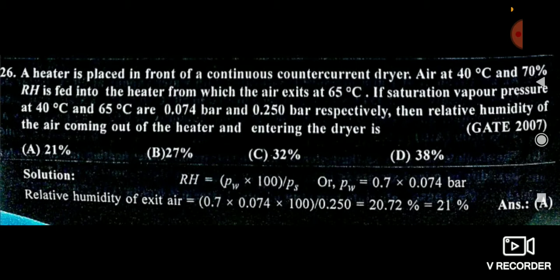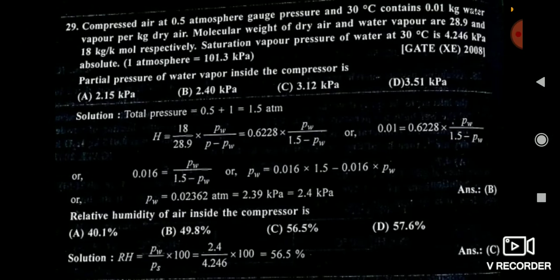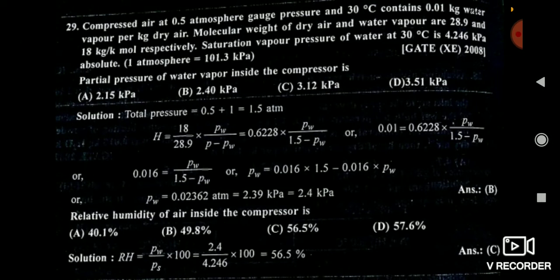Friends, the outlet temperature is 65 degree centigrade and the vapor pressure at saturation at 65 degree centigrade is 0.250. So you take the ratio of both and you will get the relative humidity of the exit air at 65 degree centigrade, that is 20.72%.